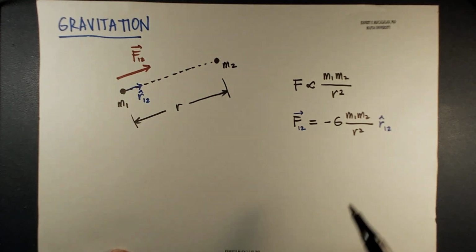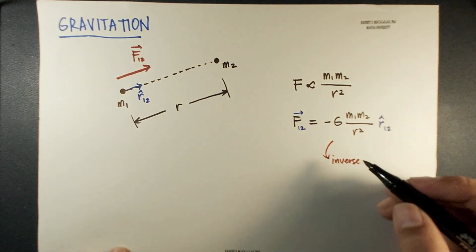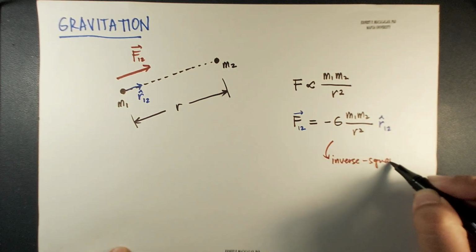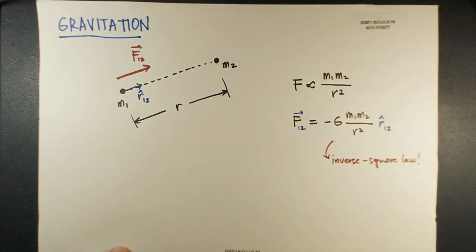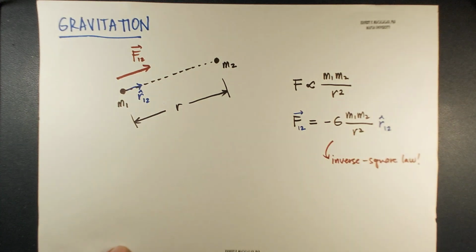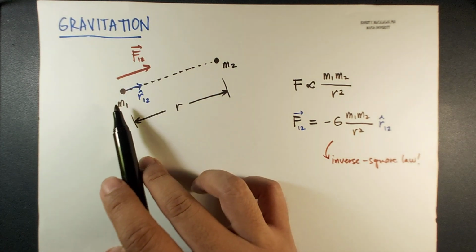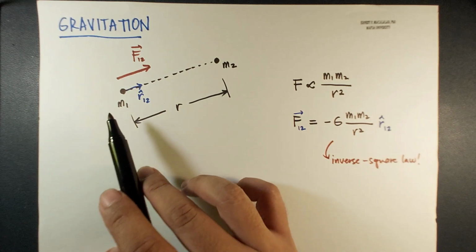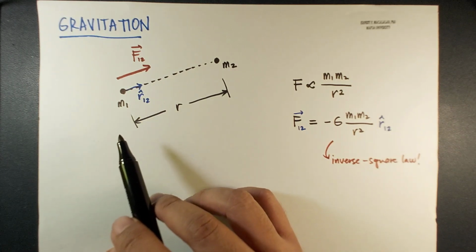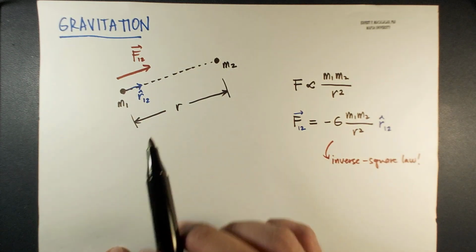Okay, so you will notice that this equation follows an inverse square law, wherein the magnitude varies inversely with the square of its distance. Again, F12 is now the force exerted on particle 1 with mass m1 by particle 2 of mass m2. Okay?